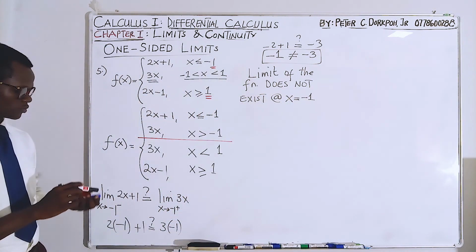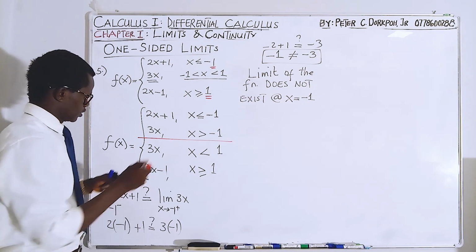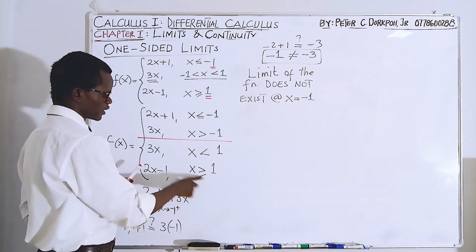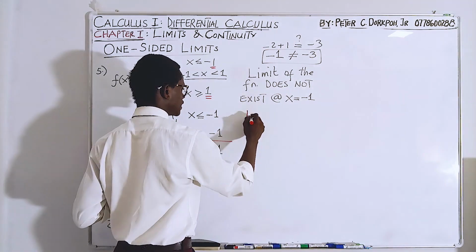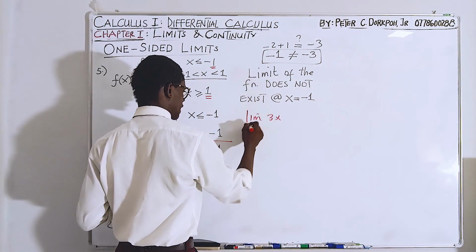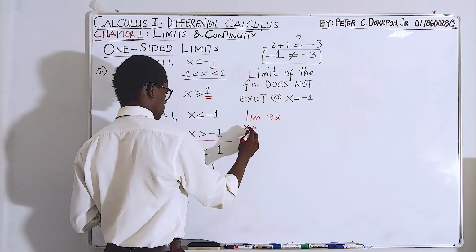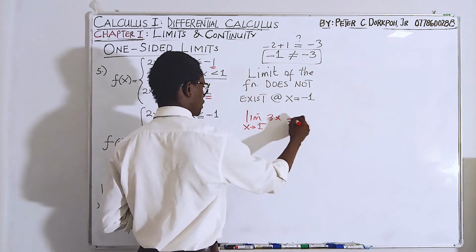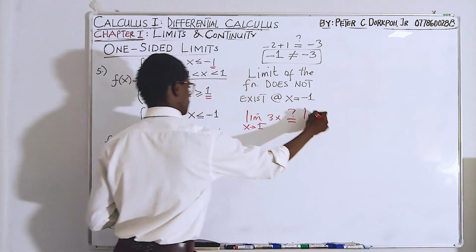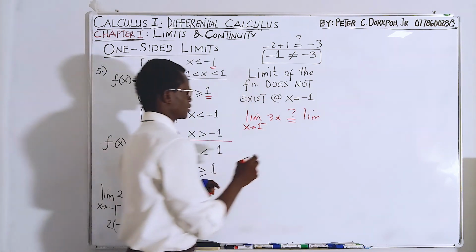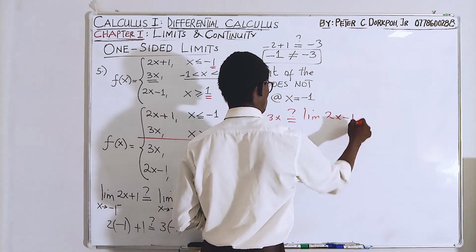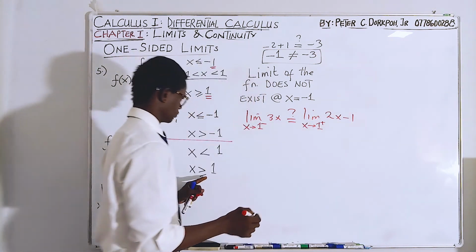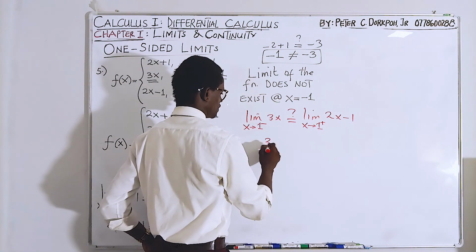So let's try the next one. We'll take this one. This is less than, so it means it's the left hand limit. This is greater than, the right hand limit. We have 3x, so we take the limit of 3x as x approaches positive 1 from the left, question mark, the limit of 2x minus 1 as x approaches positive 1 from the right. So this is just 3 times 1.